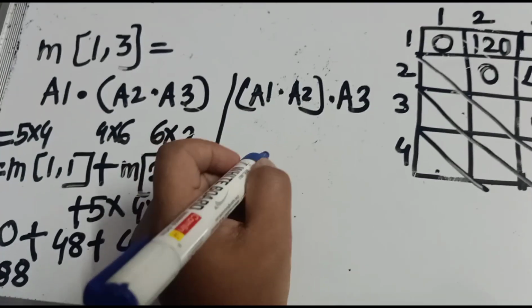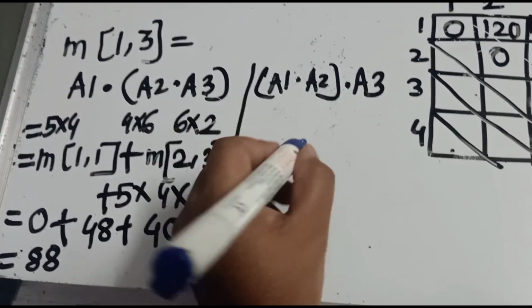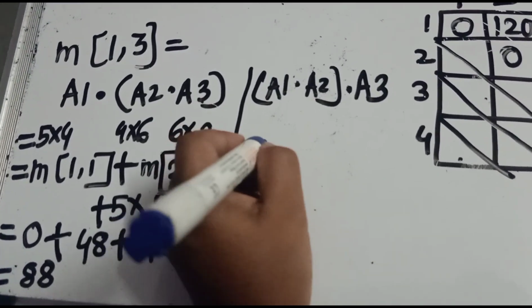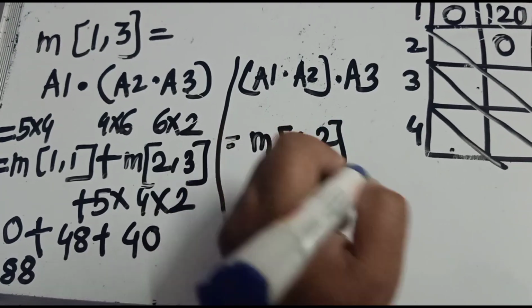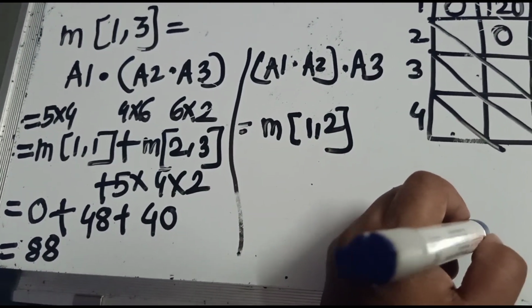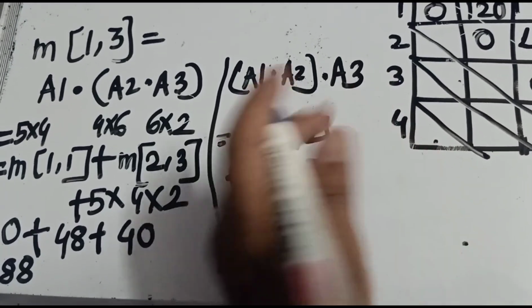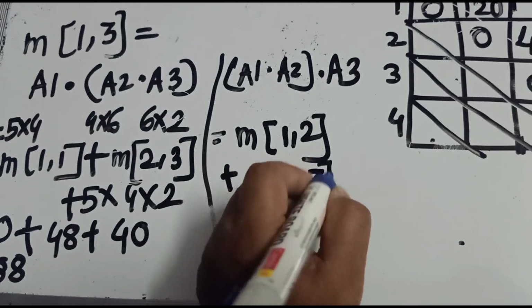Now we will go for the second method. What is the second method? Again we already know the dimensions. A1 into A2, that is the multiplication cost of matrix 1 into 2, plus A3 multiplied with itself, so it will be m of 3 comma 3.